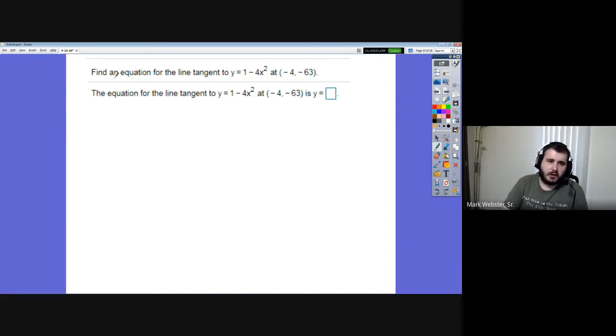Find an equation. So that's the same thing that we did last time. For the line tangent to, so that's what we're talking about. For the line tangent to, they want the slope.